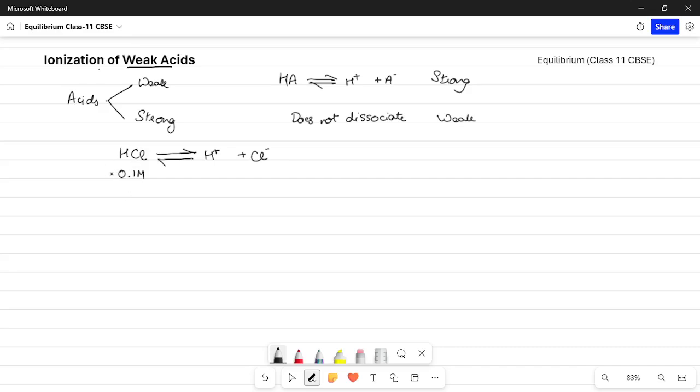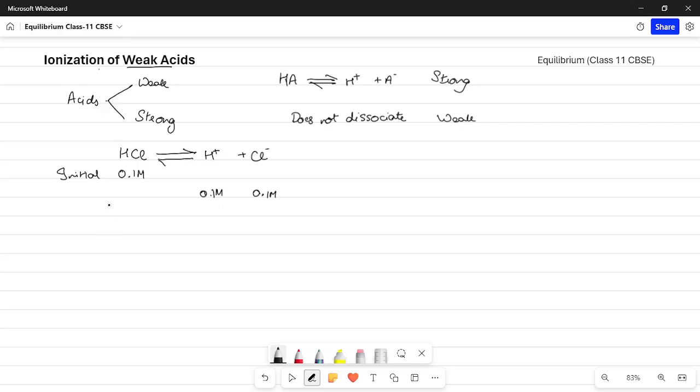So the initial concentration is going to be this. The final concentration, after it attains equilibrium, will be 0.1 molar for hydrogen ions and 0.1 molar for the Cl minus ions.